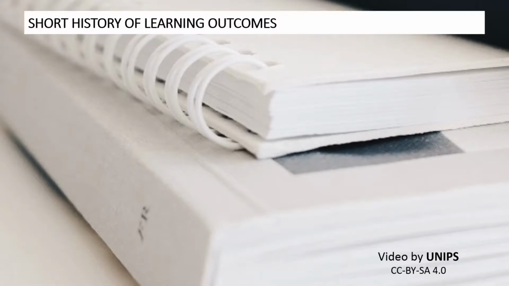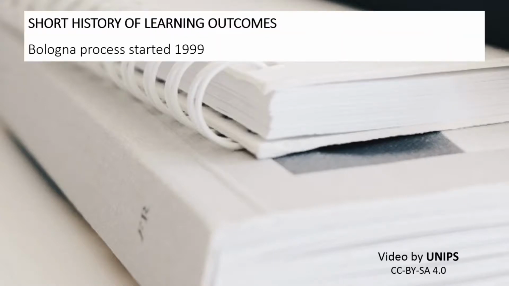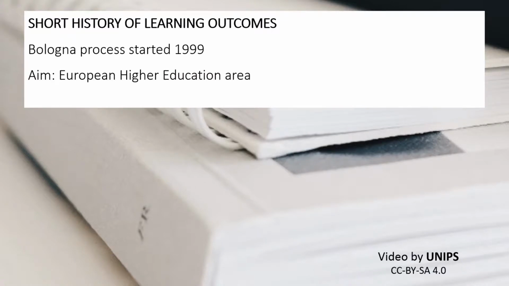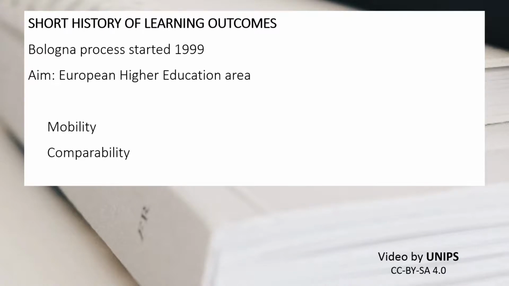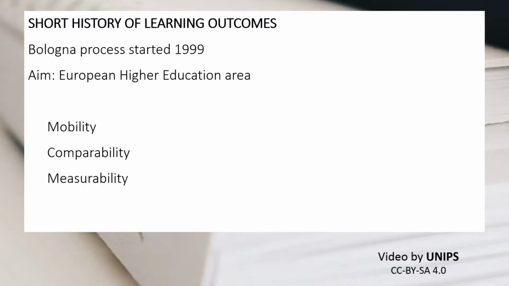In Europe, a process called the Bologna process started in 1999 in order to create a European higher education area. To foster the mobility of students between universities, there was a need to be able to compare educational programs of different universities in different countries. To be able to compare, measurability was needed.